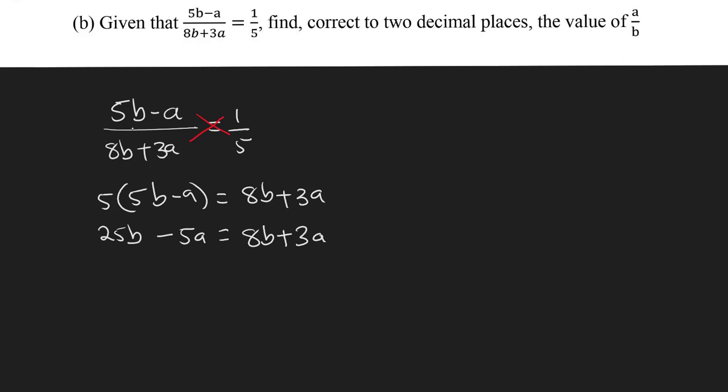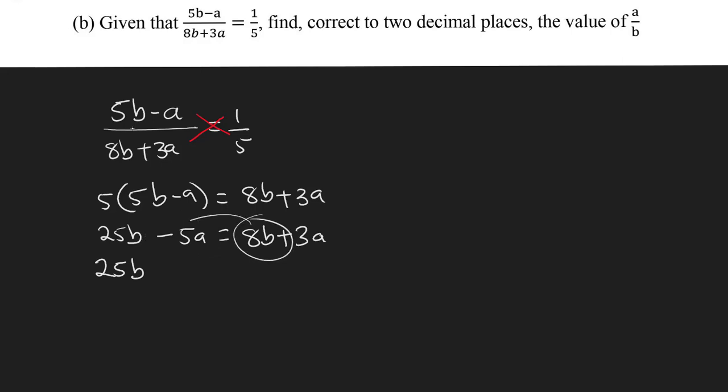So collect like terms. Those with a will move to one side while those with b will move to the other side. Let's move all a's to the right hand side and all b's to the left hand side. So we have 25b. The minus 5a moves to the other side, and remember it has a minus sign, so it changes to plus 5a once it crosses the equality sign.